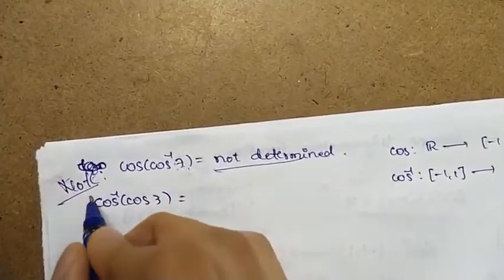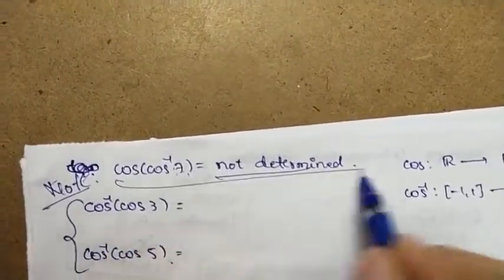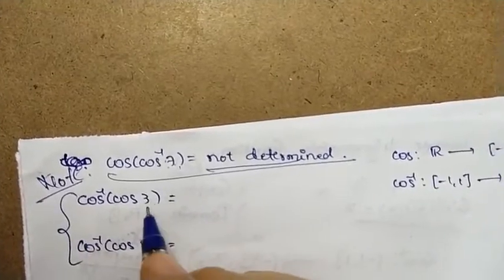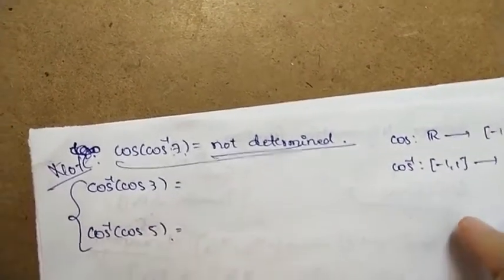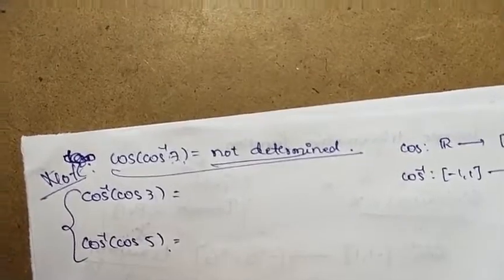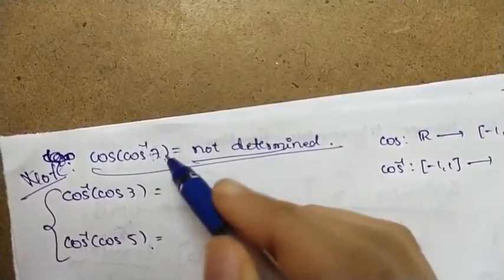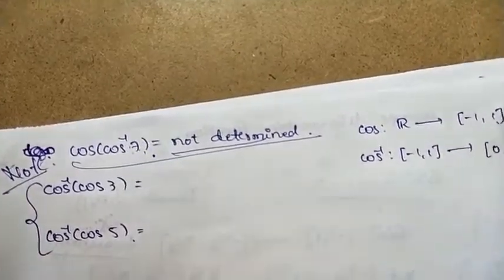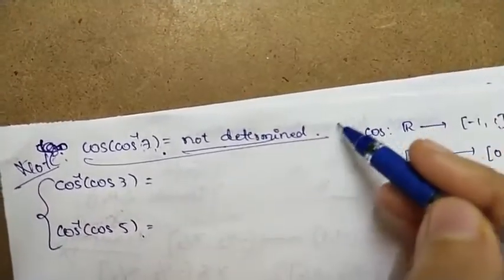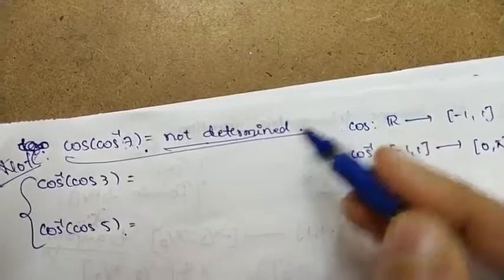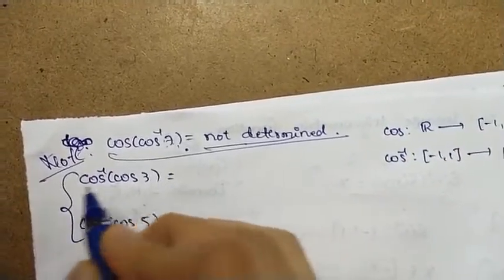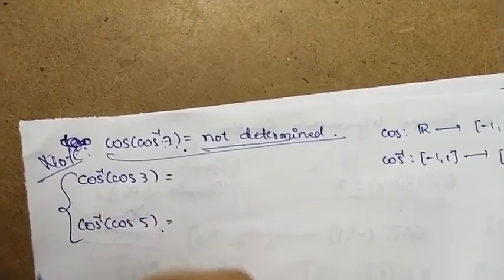Suppose in the exam this type of question arises, that is cos inverse of cos 3 or cos inverse of cos 5. Without thinking twice, as we have said in the class, cos of cos inverse of 7 does not belong to this range, so it is not determined. So you, without thinking, write this type of question as not determined.